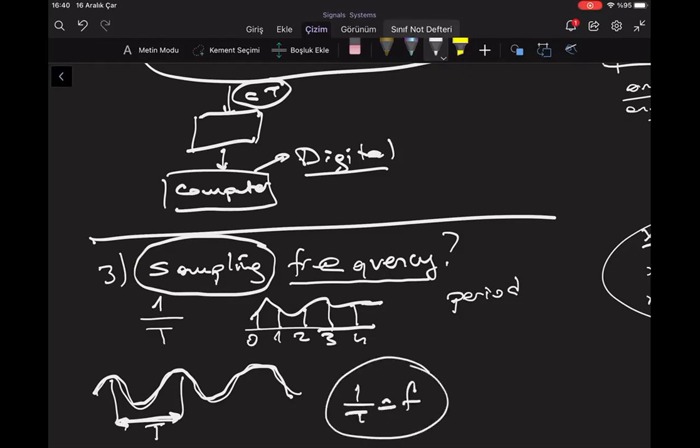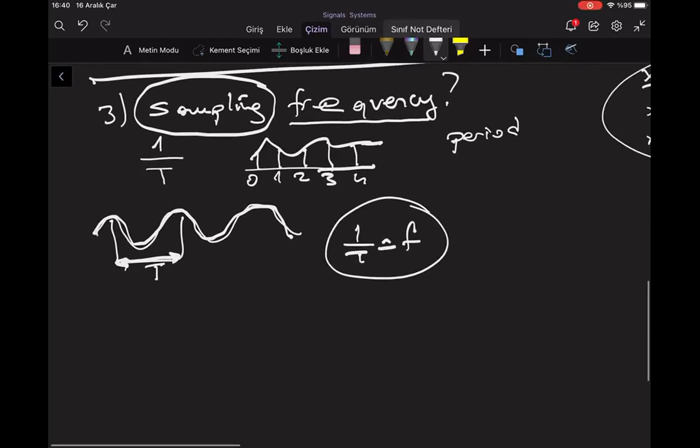Now, I would like you to think about the sampling frequency. What is the difference between the normal frequency of a periodic signal and the sampling frequency in samples? Is it kind of how many samples your device takes from the outside?